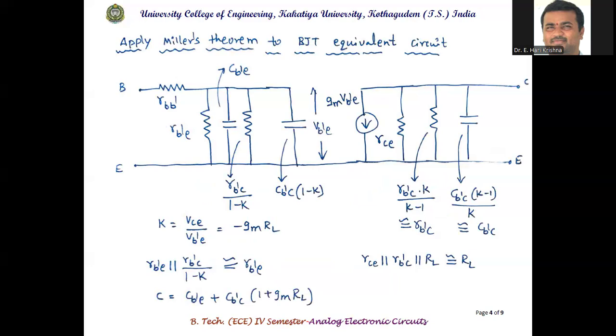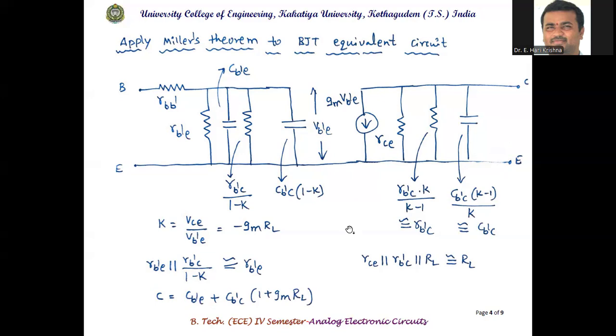Because there exists a resistor in parallel with a capacitor as a feedback element for this common emitter configuration, by using Miller's theorem the resistor in parallel with the capacitor is moved towards the input side and output side, using the formulae discussed in the second session, Miller's theorem formulae.